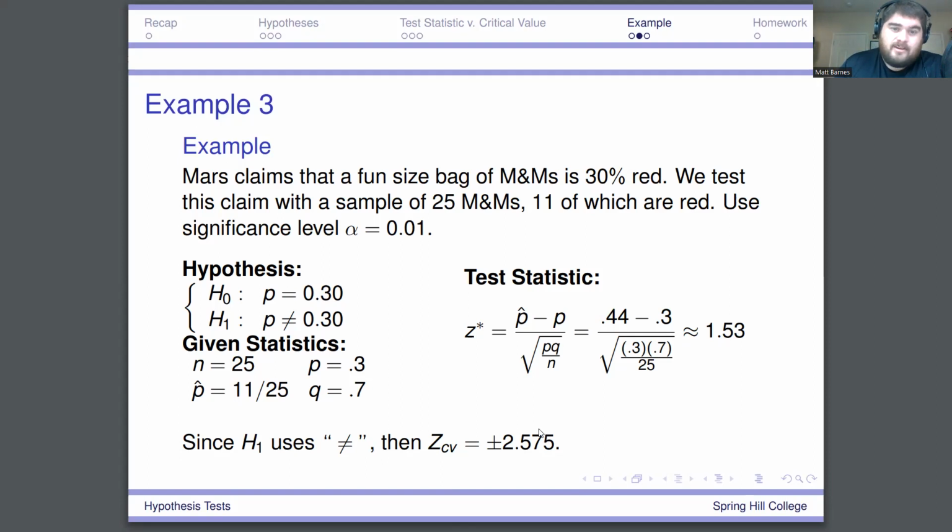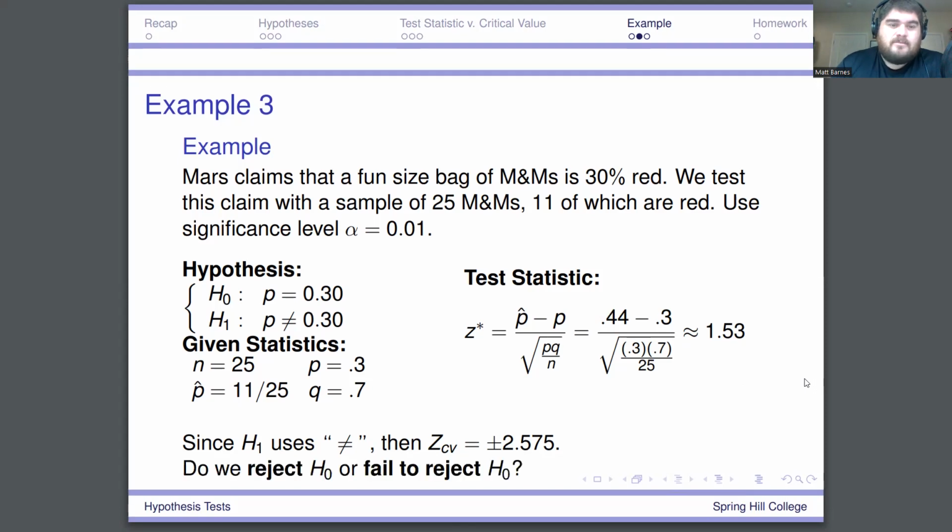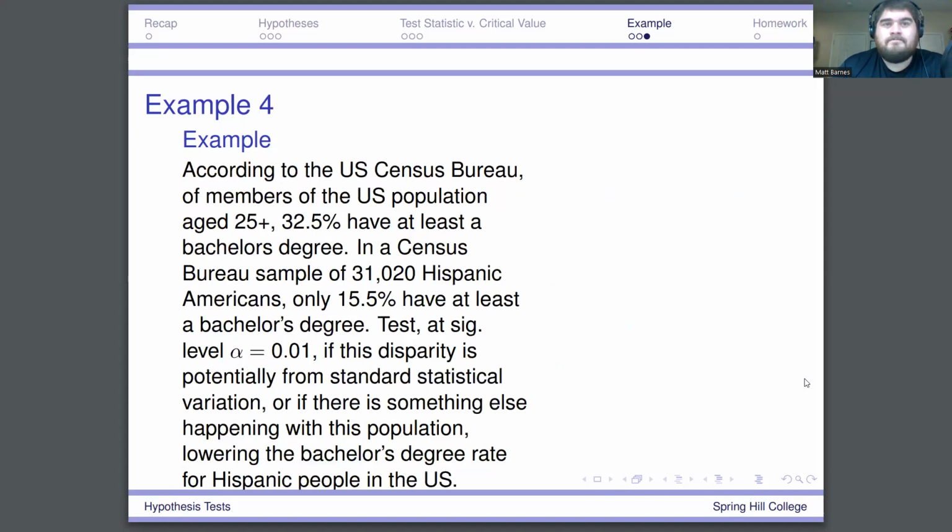It's definitely not smaller than negative 2.575 because it's not even negative. So this isn't extreme enough for us to say that something's wrong. So in this case, we would fail to reject H naught. We don't have enough evidence based on the data we've collected to say that the proportion of red M&Ms in a fun-size bag is different than what we're being told.